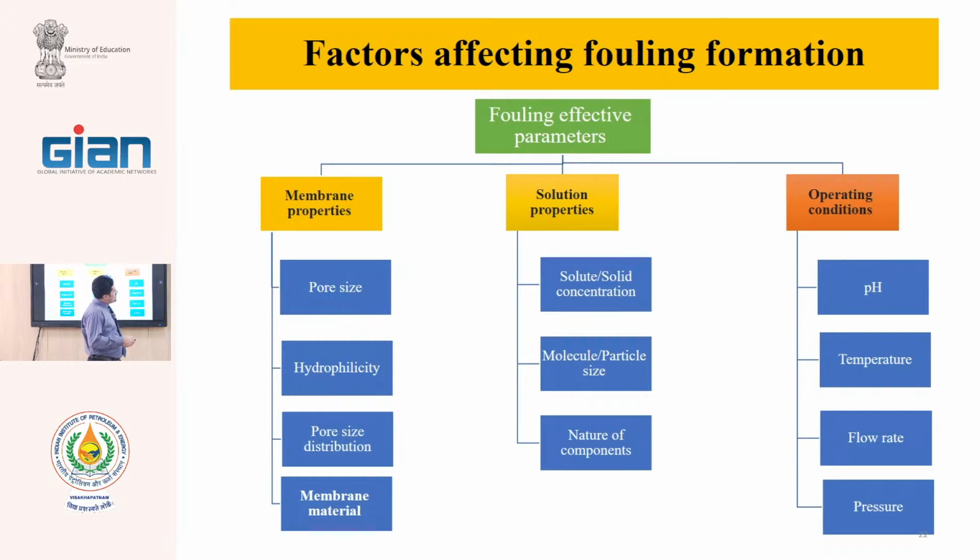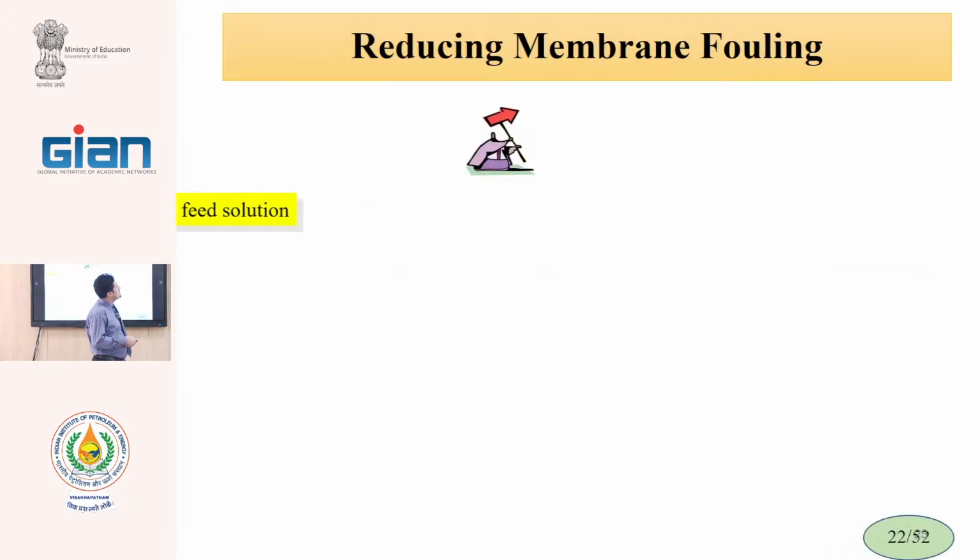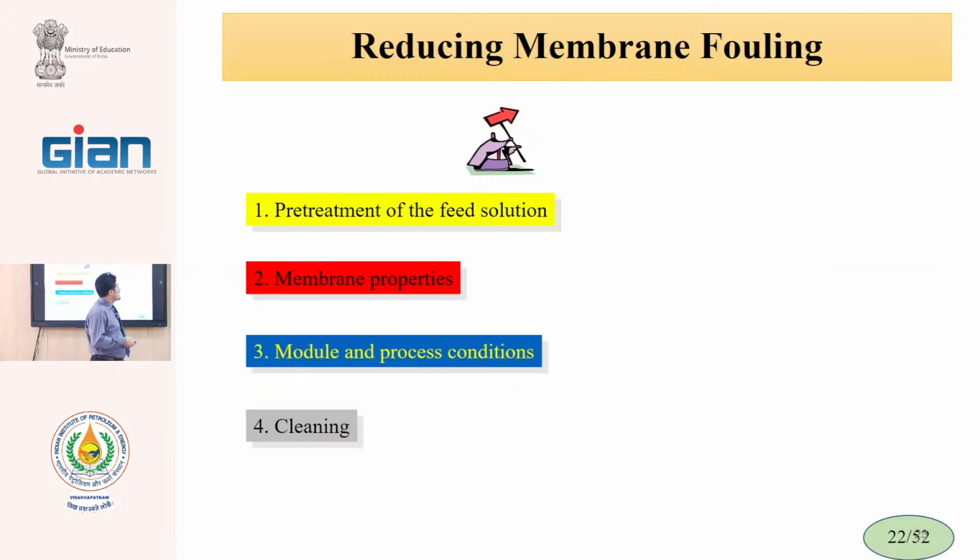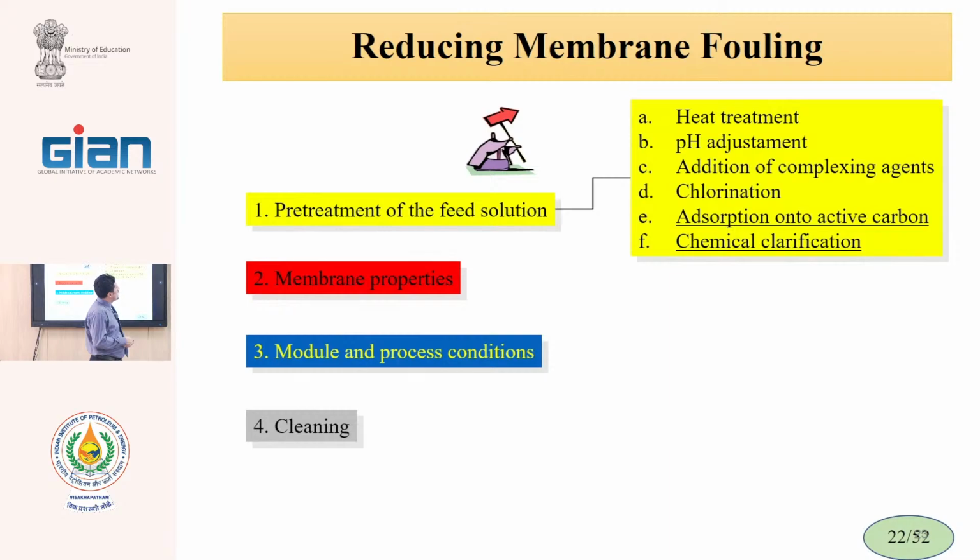So these are the parameters, and I discussed them and some examples in the other slides. For pretreatment of the feed solution, heat treatment, for example. With increasing of the heat of the feed in the dairy industry, we can reduce the membrane fouling.